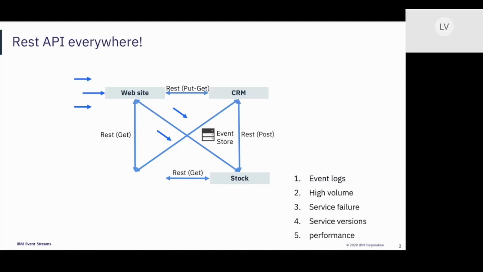If one component is no longer available, can we continue to do the job, or do you have to return an error to the website, for instance, or are you able to just continue your activity? How can we manage this easily? That could be one of the values of IBM Event Streams.